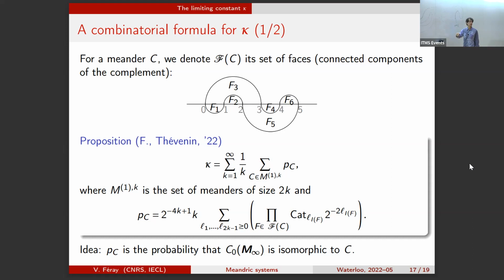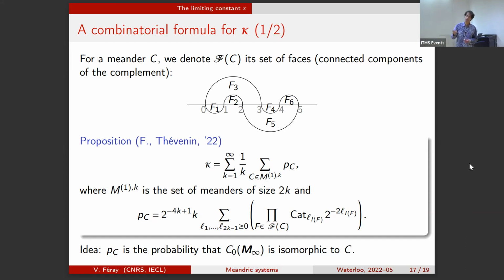And if you want it to look like that, what you need is some non-crossing matching here, non-crossing matching, and another one below. And then you need also to have a right path here, a left path here, a right path, and so on. You need to have a row in the good direction at this point. And you can write down precisely what is the probability of that to happen.